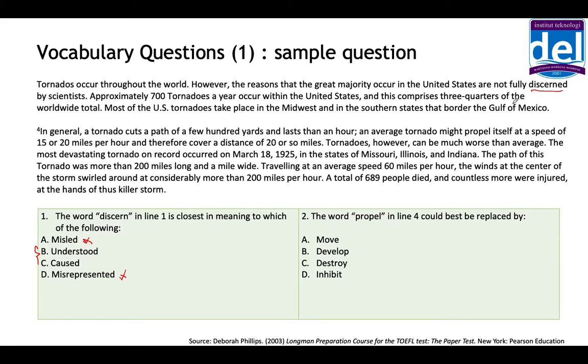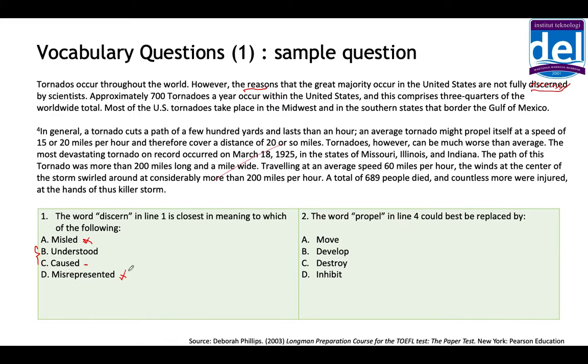Now we can try to determine the meaning of the word discern by assuming that this is a blank one. In other words, we can just assume that there is no word discern here, and now we can choose from these two options that best complete this blank, whether it's understood or caused. Again, we can read from this sentence, tornadoes occur throughout the world. However, the reasons that the great majority occur in the United States are not fully blank, are not fully caused by scientists.